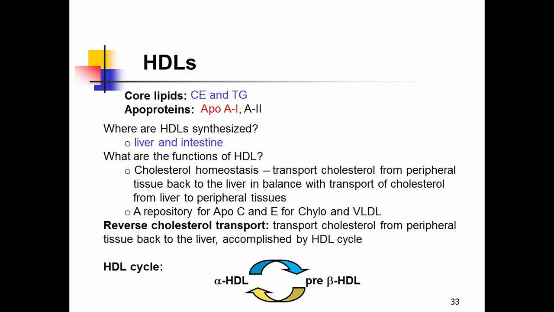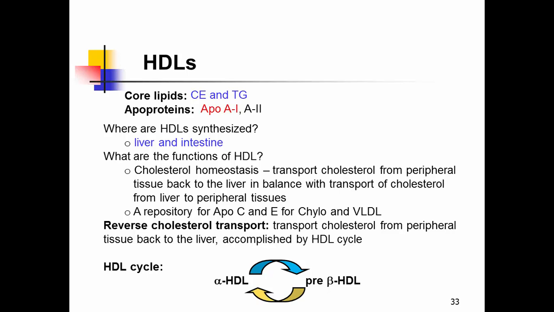So the pathway for this function is called reverse cholesterol transport, right? Reverse cholesterol transport transports cholesterol from peripheral tissue back to the liver, and this process is accomplished by the HDL cycle, right?